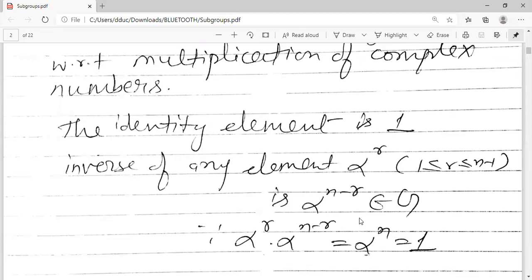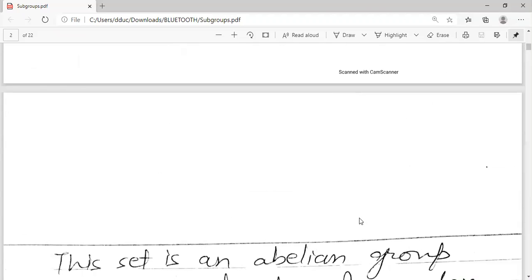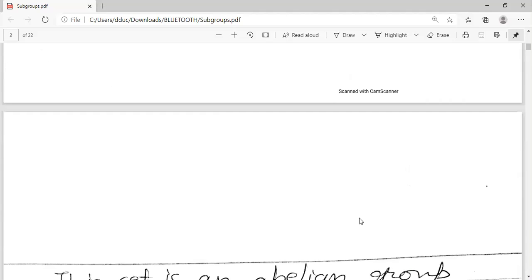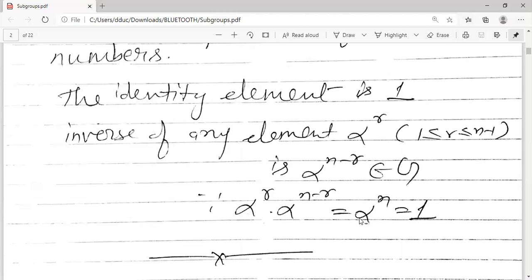First of all, the identity element 1 is there, and then the inverse of any element. All elements from this set are of the form alpha to the power r, where r lies from 1 to n minus 1. So the inverse of any element alpha to the power r is alpha to the power n minus r, which belongs to G, and we can check that this is the inverse because alpha to the power r multiplied by alpha to the power n minus r gives alpha to the power n, which is 1, the identity element.